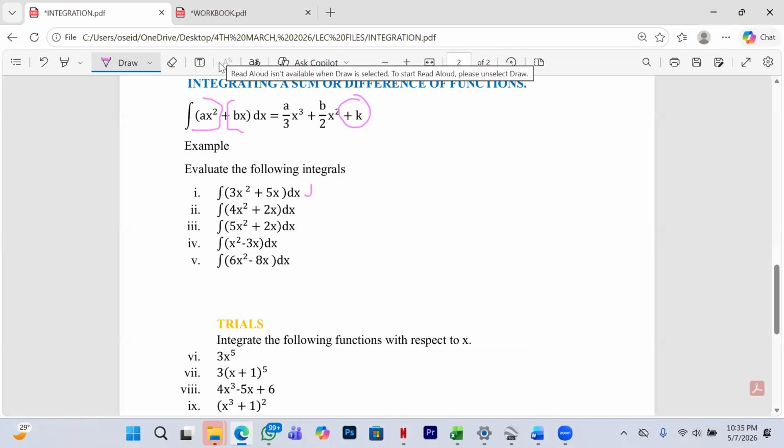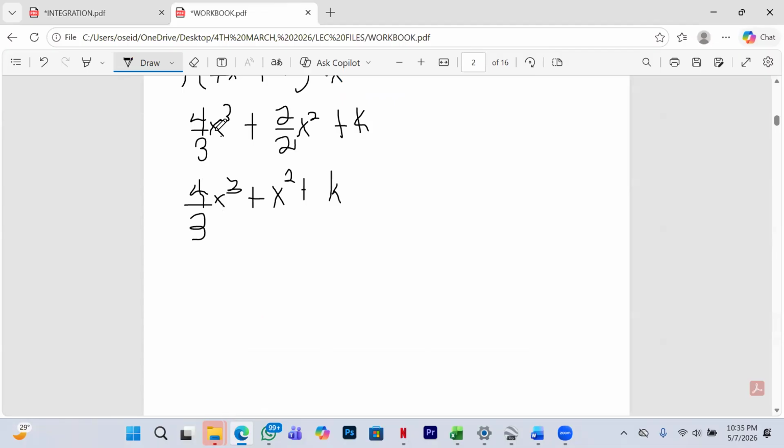So the third one is the integral of 5x squared plus 2x dx.